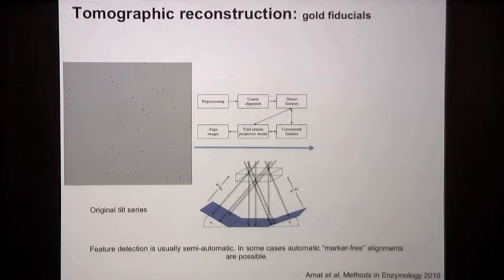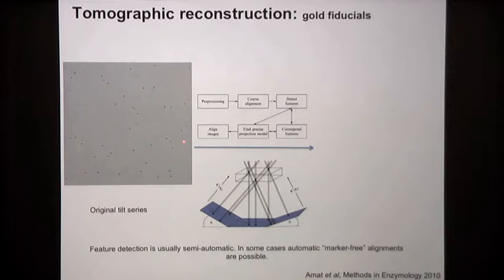So the first thing to make a tomogram is to align our tilt series. The first step is usually pre-processing to filter out all the X-rays in our images, followed by a rough alignment. And then after this rough alignment, we have to detect features of interest, which are our gold nanoparticles. Then these features should be corresponded with each other in the entire tilt series.